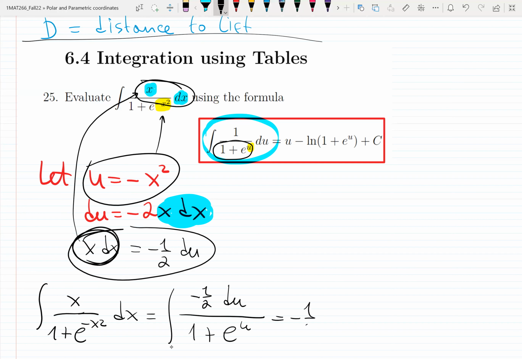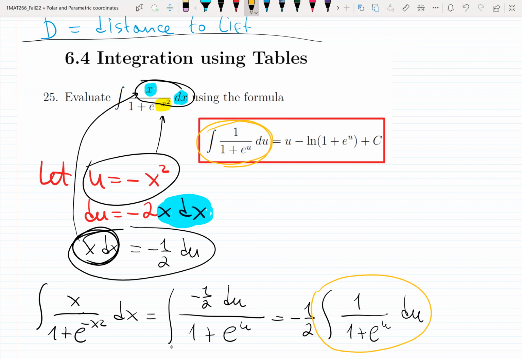Let's kick out minus 1/2. That will be 1 over 1 plus e to the u du. And it's exactly what we have on the left-hand side of this beautiful, amazing formula. Here it is, the integral of 1 over 1 plus e to the u du.